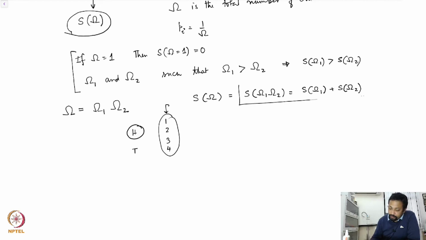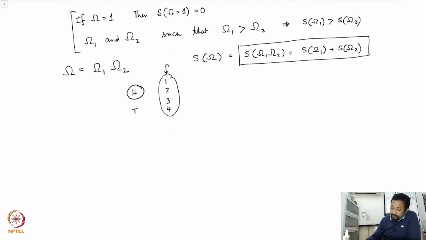Now, if I just look at this functional expression that I have written down over here, based again on our intuitive analysis, then it follows that there is a very definite functional form for S which will obey this. So if S of x times y is equal to S of x plus S of y, then there is a very definite functional form of S. So I want to know what that is. That is not very difficult to do.